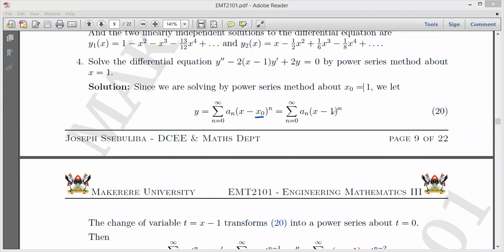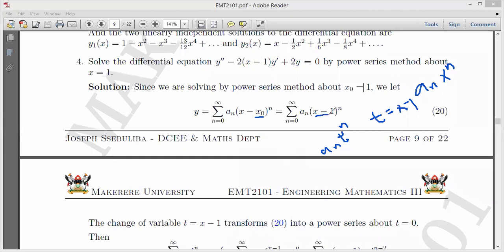So here we can have a change of variable to simplify this. Remember we have been dealing with the n x to the n. So the easiest way here is simply to have a change of variable, and you say if t is equal to x minus 1, so that if you change this now, you will have n t to the n, then the other same methods apply.